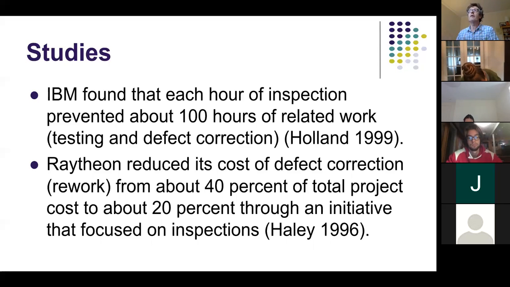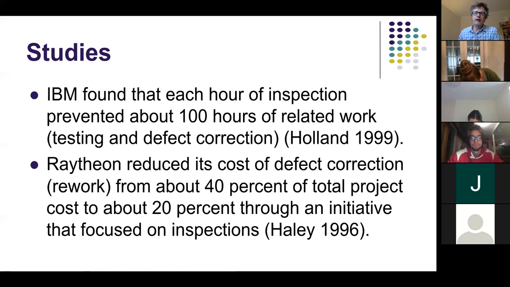That's a 100-to-1 ratio. Isn't that stunning? I mean, it's shocking that 1 hour, if you actually know that 1 hour will save you on average 100 hours, if you're not doing it, you're crazy, right?